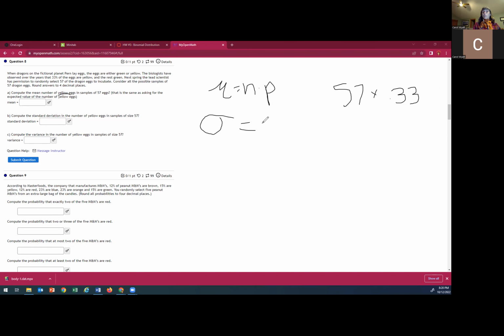So they're asking, like, how much does this vary? If I took multiple samples of 57 eggs over and over again over time, what's the average number I'd be off from this mean? And to calculate that, you take the square root of n times p times q.